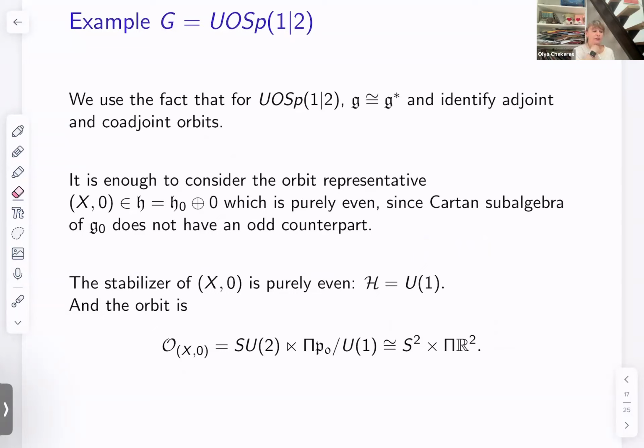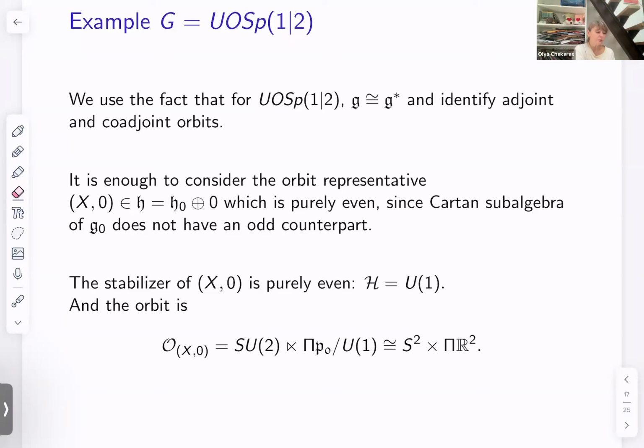For usual even Lie algebras, semi-simple Lie algebras, we can identify G and G star, the algebra with its dual algebra, and in this way we can identify adjoint and coadjoint orbits.